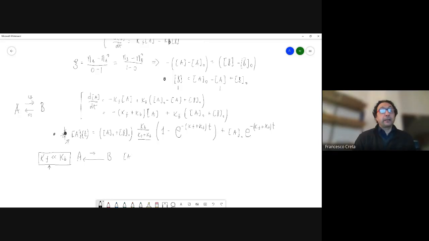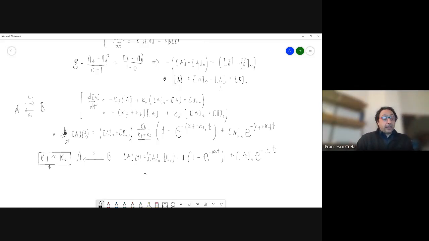So A(t) would be essentially (A0 plus B0) times 1. Then within the brackets, you simply have 1 minus e to the minus KB, and similarly here, e to the minus KB, because we have neglected KF with respect to KB.